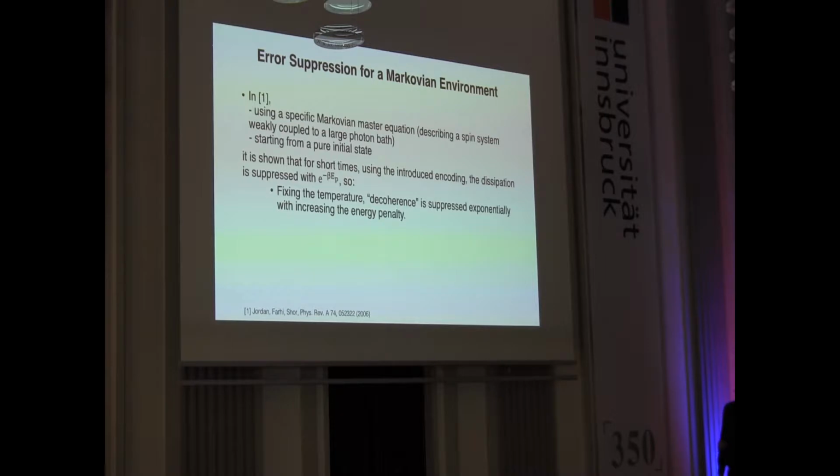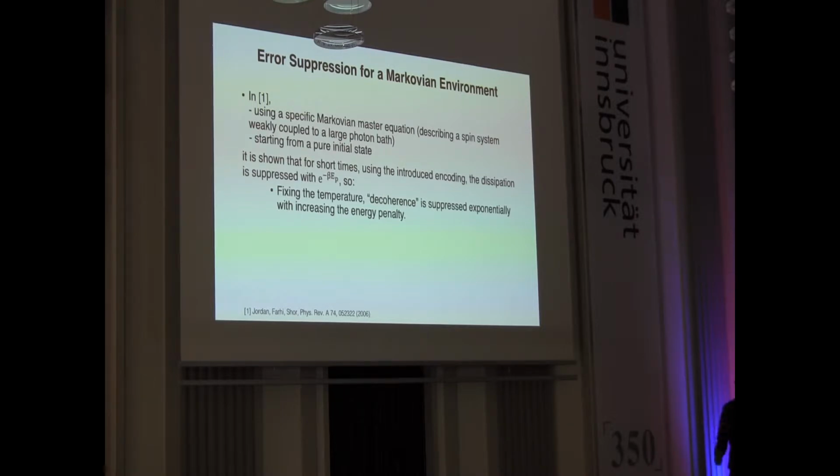Even in the original paper, for a specific Markovian master equation, and starting from some specific initial states, it has been shown that dissipation gets exponentially suppressed both in EP and beta. Beta is the inverse of temperature, which is set by the device.